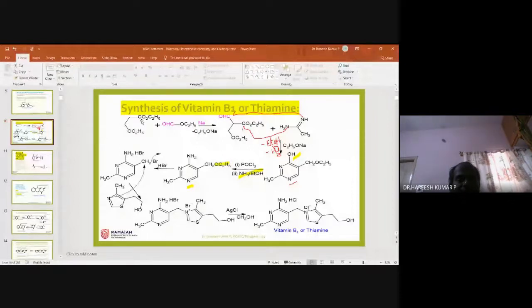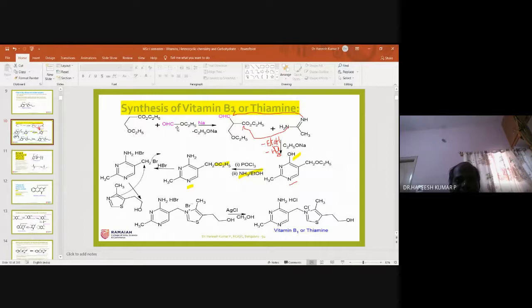Since it contains an ester, it is propanoic ethyl ester. Otherwise we can say ethyl 3-ethoxy propanoate. It should end with ATE; ATE indicates an ester. Ethyl indicates it is an ethyl ester. The third position ethoxy group is a substituent. So this is the name.